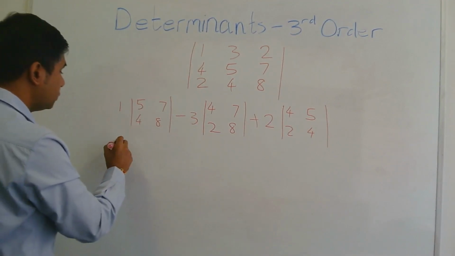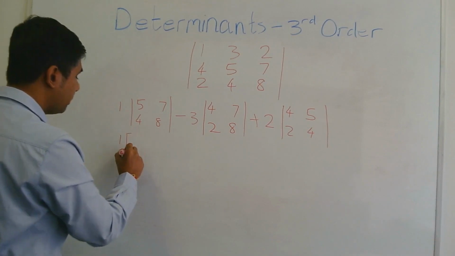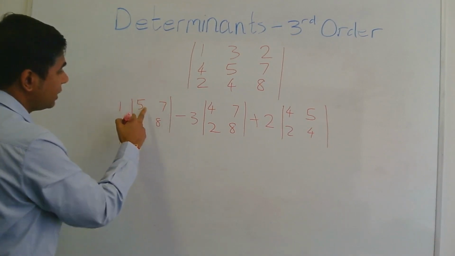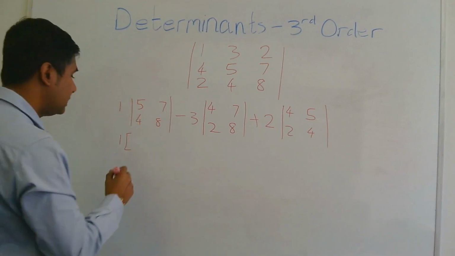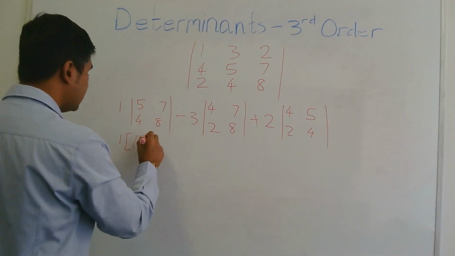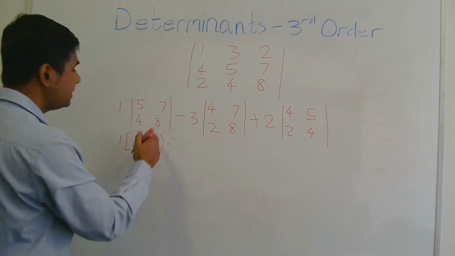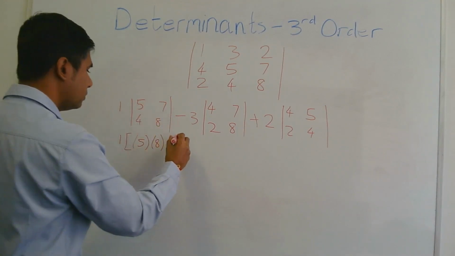So we have element 1, then we multiply it by this determinant, 5, 7, 4, 8. So we have 5 times 8 multiplying out diagonally. Then we have minus 7 times 4.